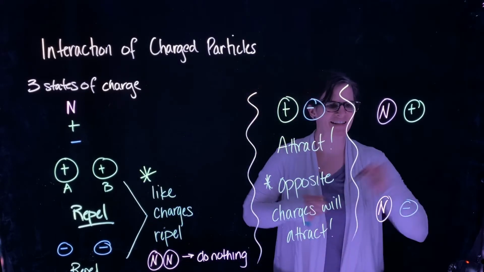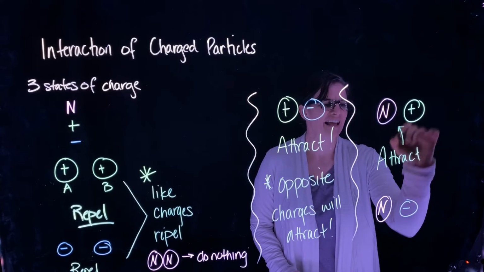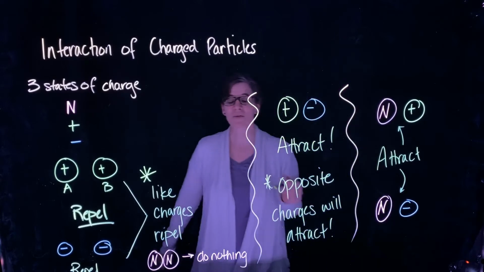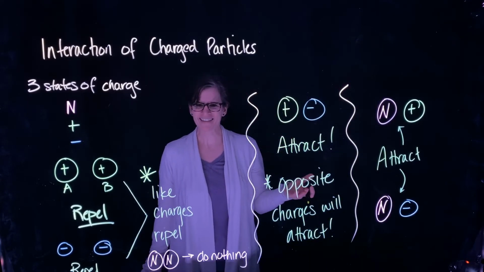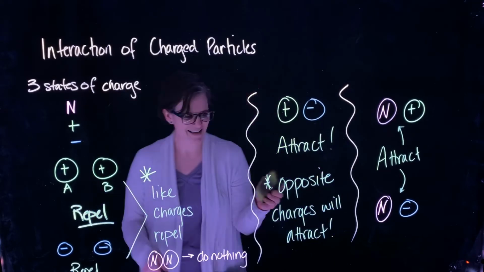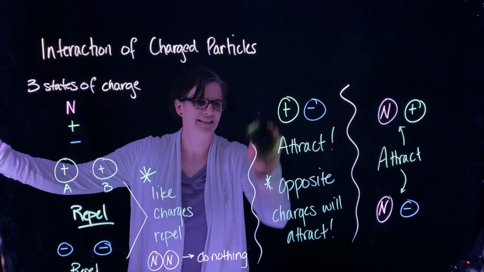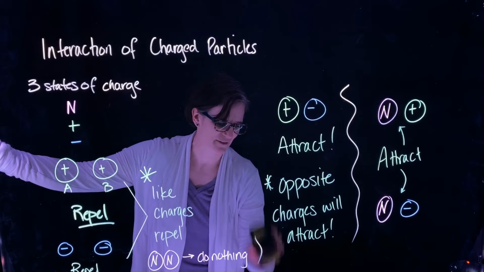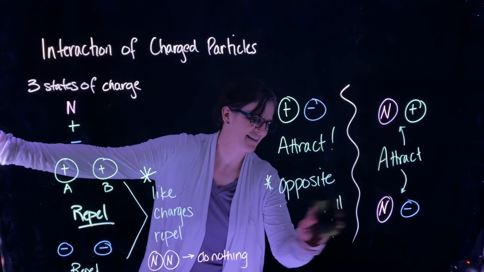Neutral charges attract to both positive and negative charges. In both cases, a neutral charge will attract. Well, why is that? Let's look at that a little bit more in depth. Why is it that a neutral charge will attract to both a positive and a negative charge? So let me erase the board real quick and look at this interaction a little bit more carefully.